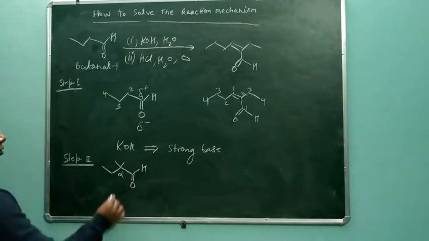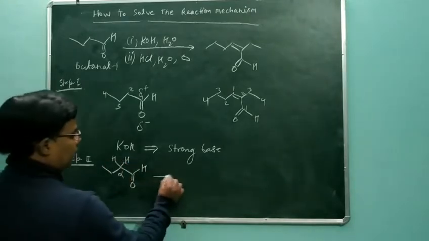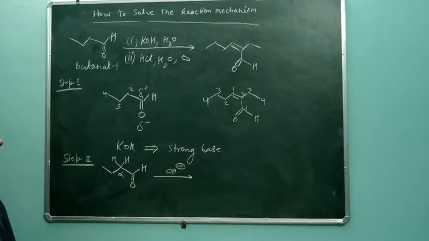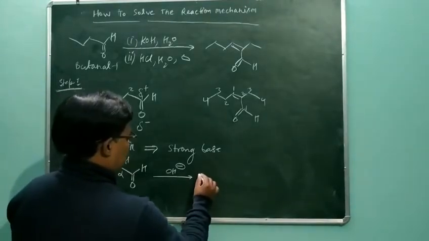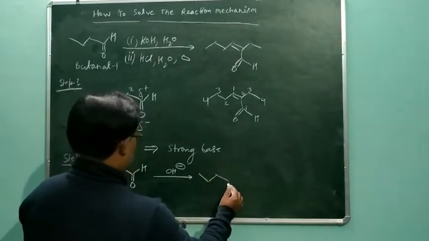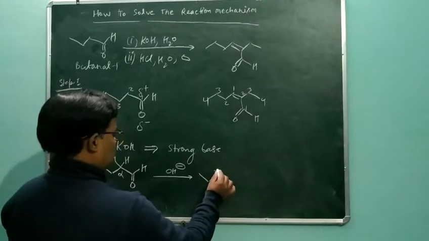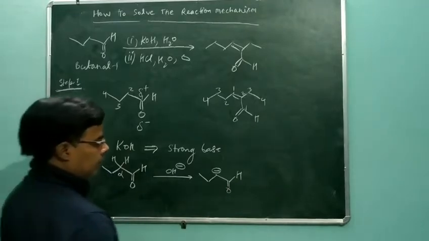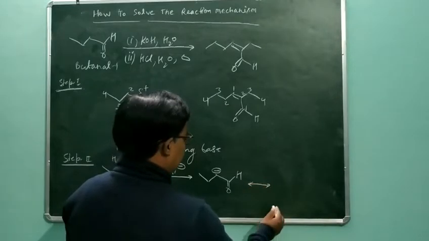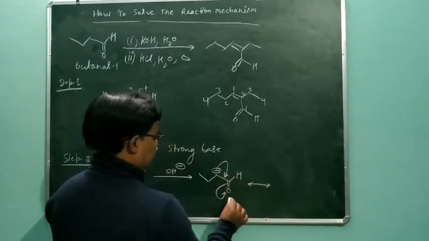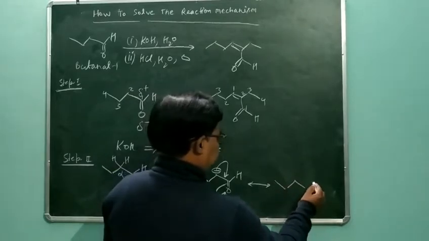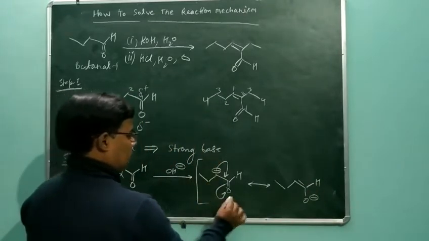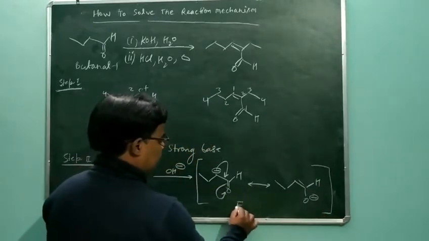This is the alpha hydrogen, and in the presence of strong base, this hydrogen atom is abstracted, and this ion will be stabilized by resonance. These are enolate ions.